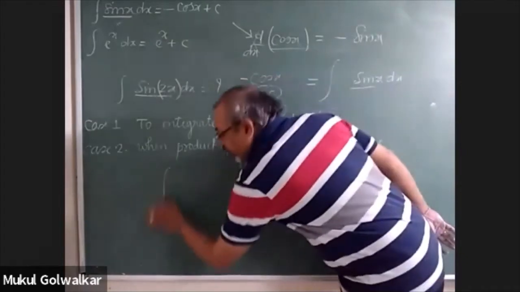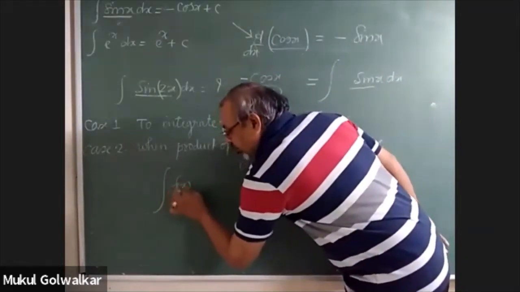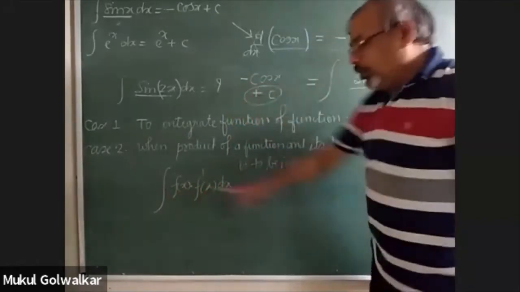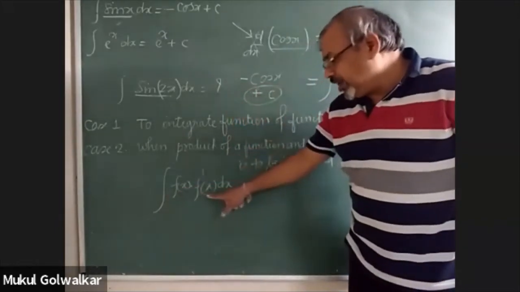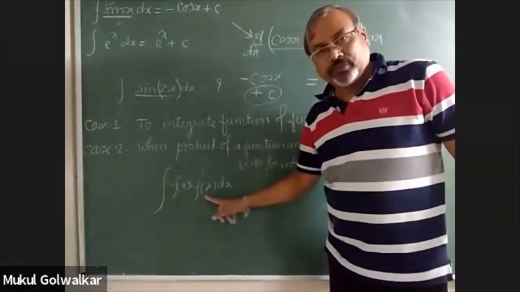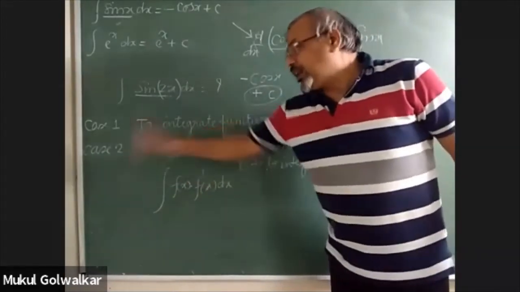Symbolically, we are given f of x multiplied by f dash x dx. A function and its derivative are multiplied together and we are required to integrate this product. That will be case two.